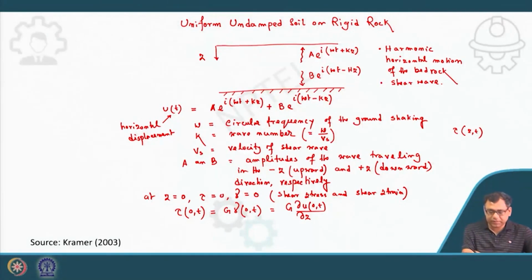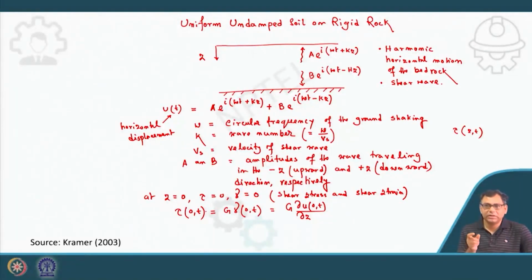So, if I know the displacement, because this is the expression of the displacement, then from there if I do del u by del z, I will get the shear strain. Clear? Now, remember that here I am using G max. When I talk about G for the linear approach, it will be G max. When I talk about G for the equivalent linear approach, it will be G sec.